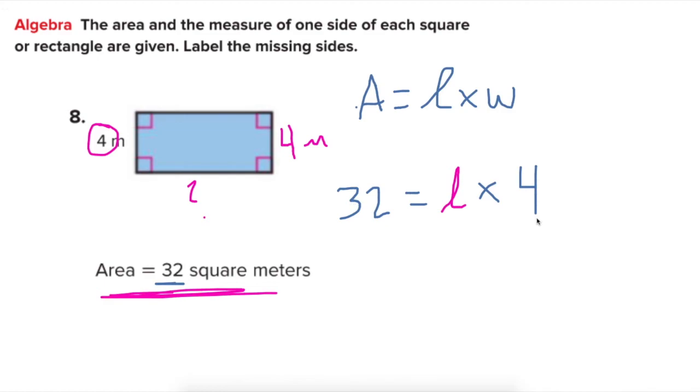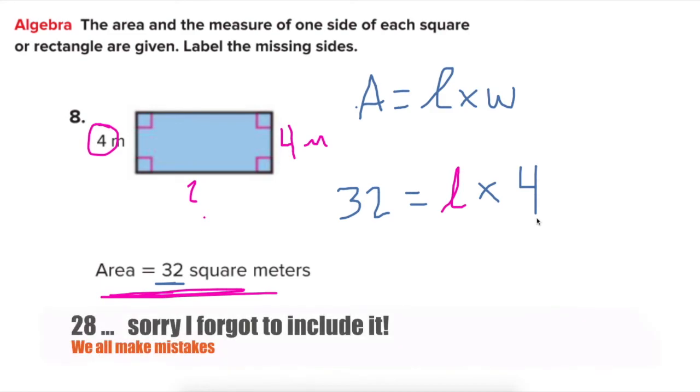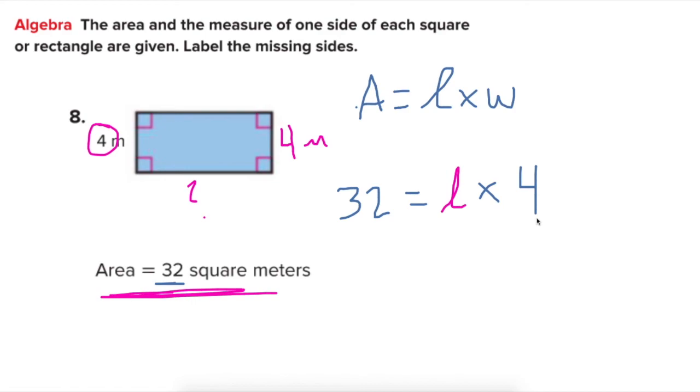Well, I just have to think about that. What does L need to be, where multiplied times 4 to get 32? Now we can skip count: 4, 8, 12, 16, 20, 24, 28, 32. That's 1, 2, 3, 4, 5, 6, 7, 8 times that I had to skip through to get to 32.